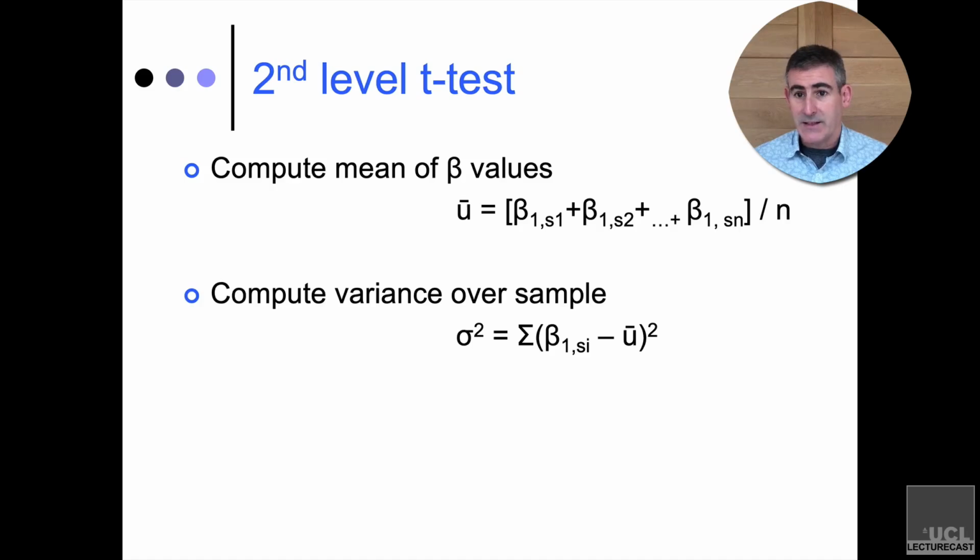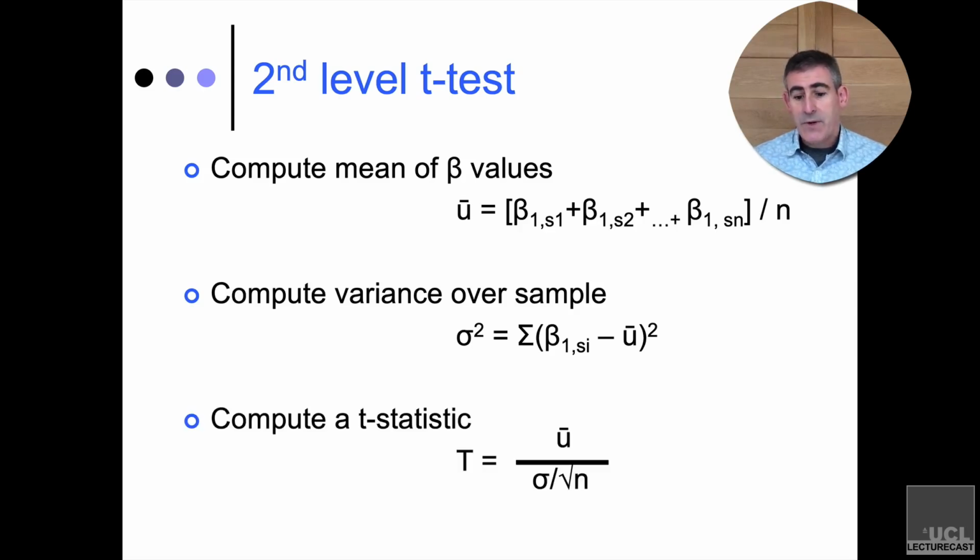So if they were exactly at the mean, there'd be no variance. If they're either higher or lower than the mean, you can't tell the difference because when you square it, the value becomes positive, and you add those together. So the further away all of your subjects are from the group mean, the more variance you have. Very simple. And again, I'm assuming that you've seen both mean and variance equations so many times at this point. If you haven't, the math is on the screen and it really isn't very complicated.